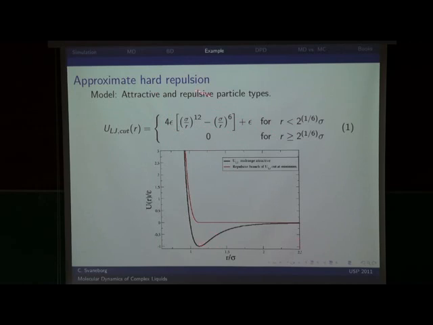And I need this perhaps a bit strange construction, because remember when we're doing molecular dynamics, we're calculating forces as the gradient of the potential. So we have to have a potential that is differentiable, otherwise the simulation will explode like mad. So this is one way to create an approximate hard-sphere interaction.